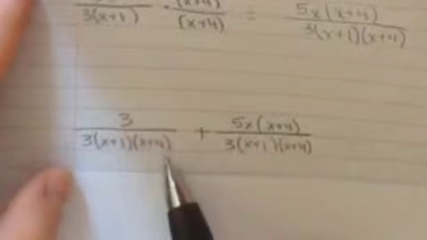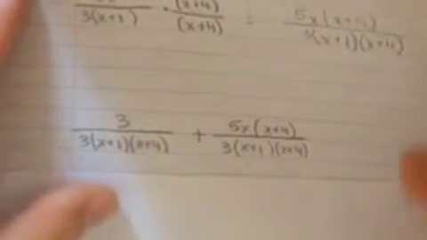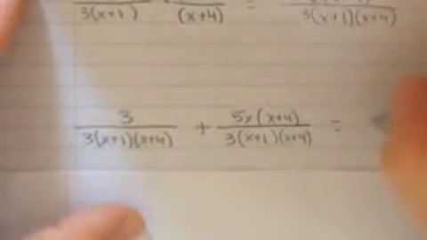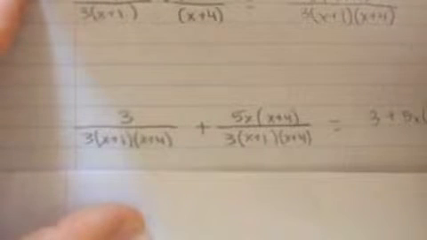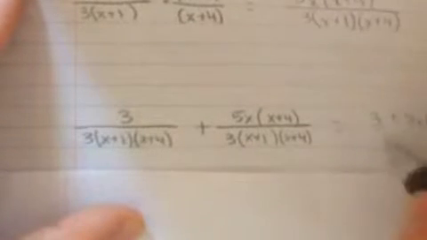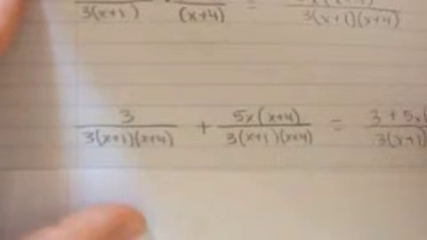We have 3 times x plus 1 times x plus 4, and 3 times x plus 1 times x plus 4. So we can combine them the same way we combine normal fractions. We just add the numerators. So this equals 3 plus 5x times x plus 4 over 3 times x plus 1 times x plus 4.